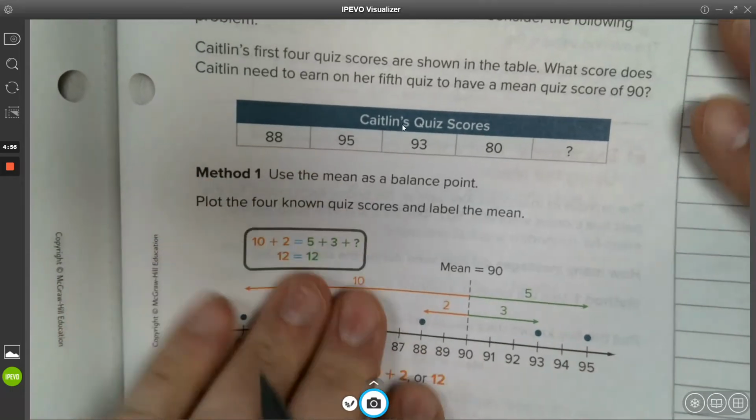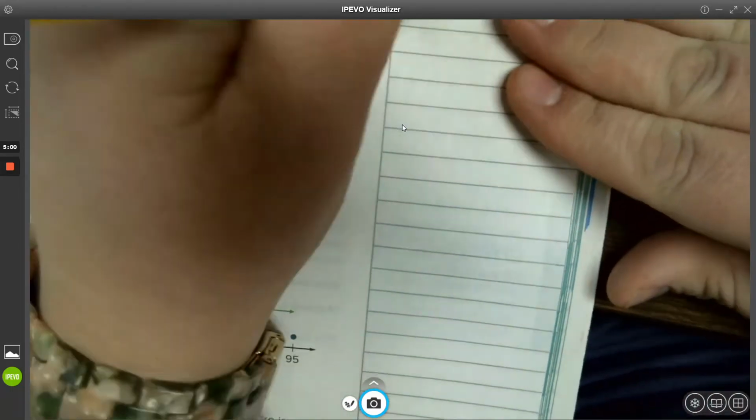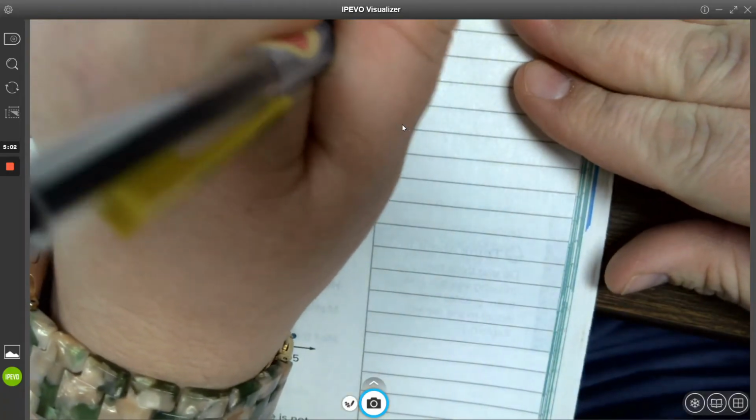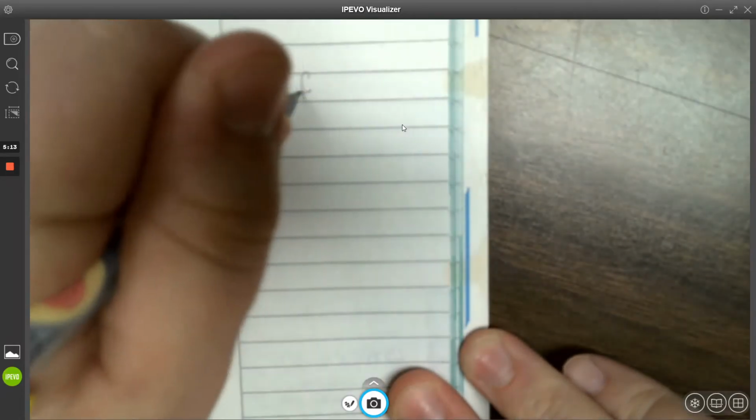Now, this isn't as tricky as you thought. Now remember, steps for finding mean.